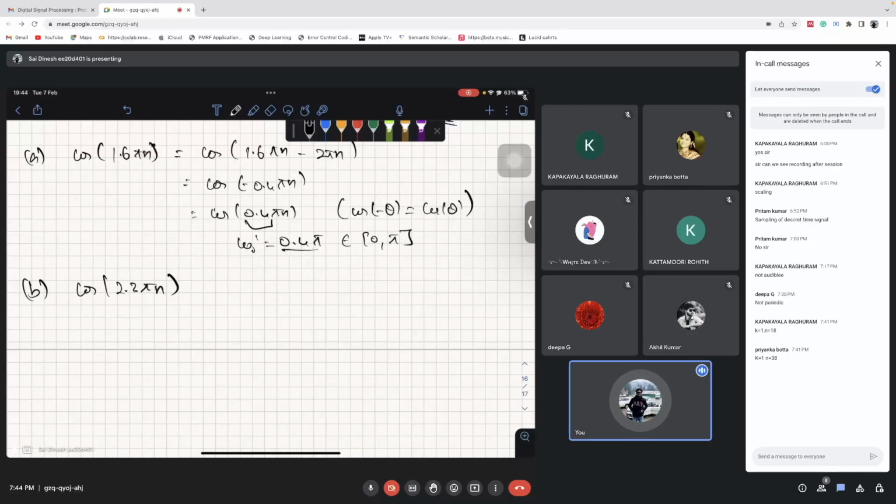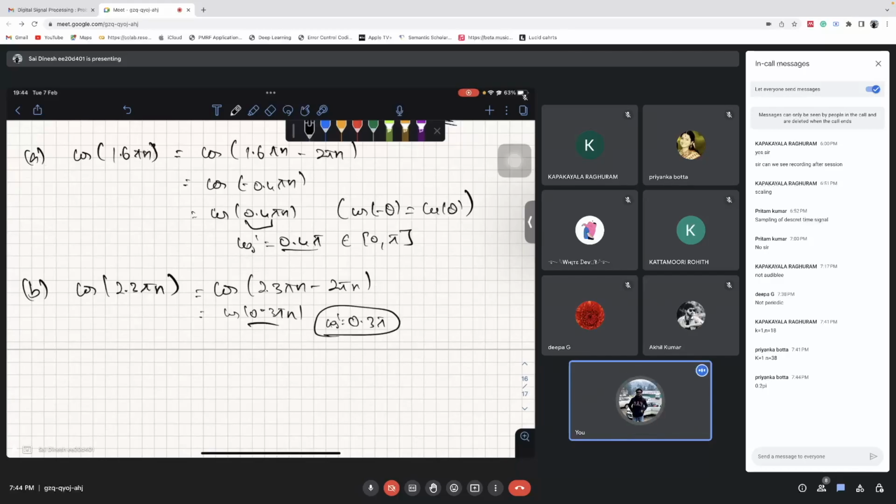I think you just have to do the exact same step as the first question. So this will be cos of 2.3 pi n minus 2 pi n, which is cos 0.3 pi n. So 0.3 pi is the answer for omega naught.